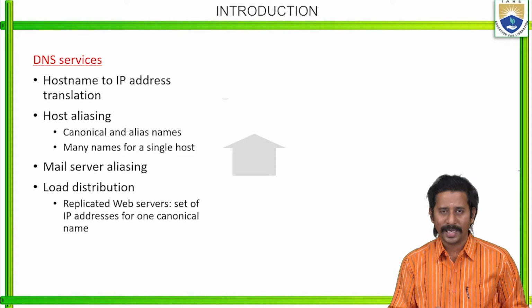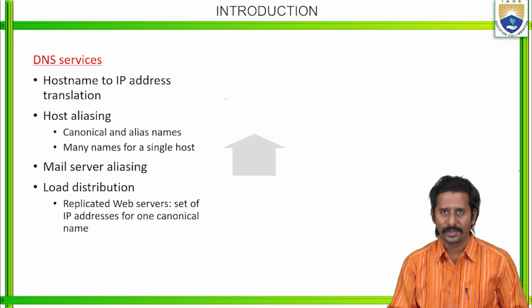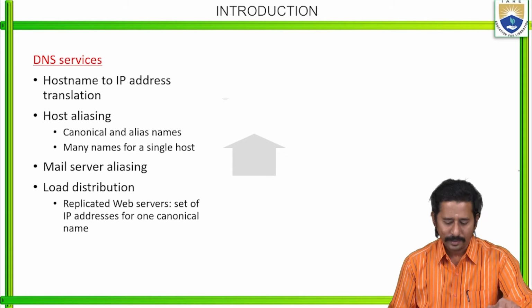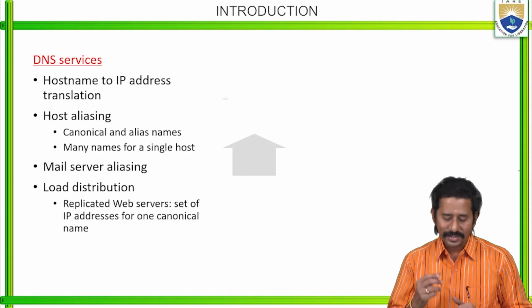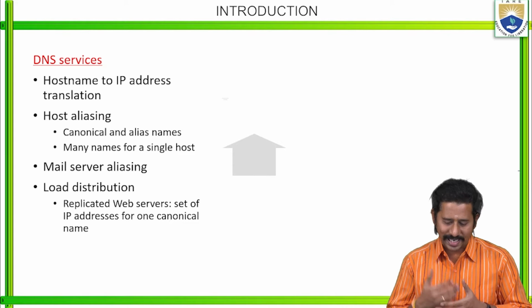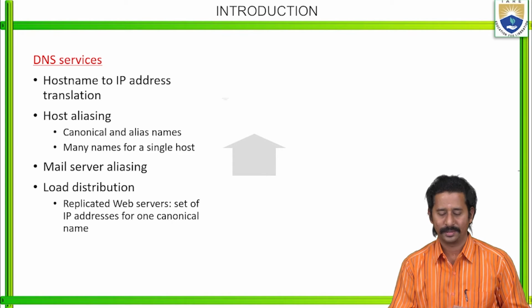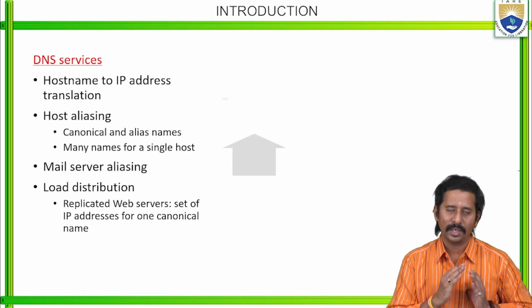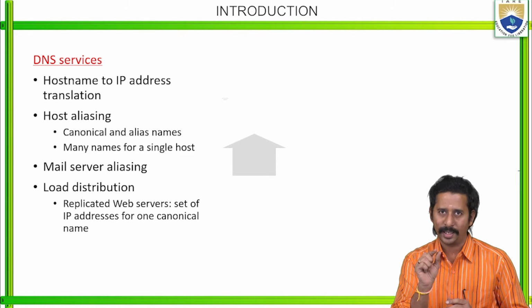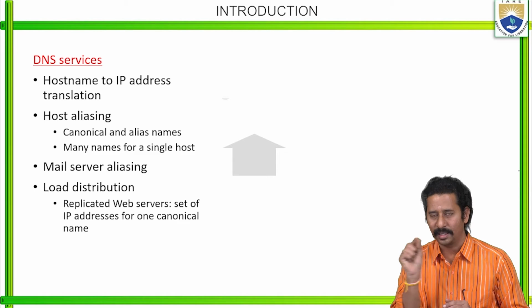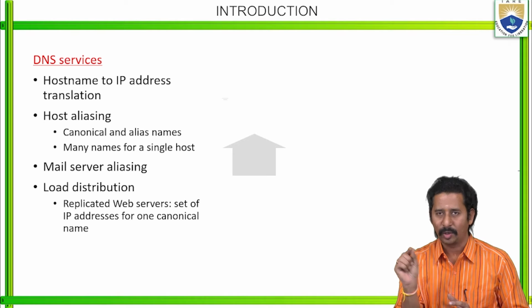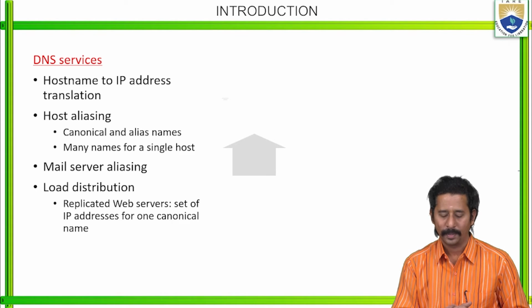Whenever we type iare.ac.in in our web browser, the DNS server will search through its cache memory to find a matching IP address for that domain name. There is some specification for the .in, which I will explain later.